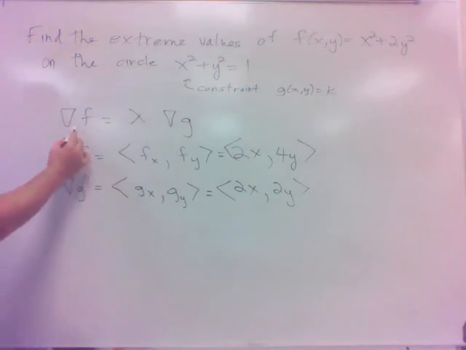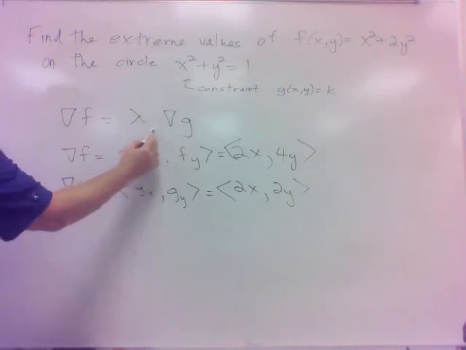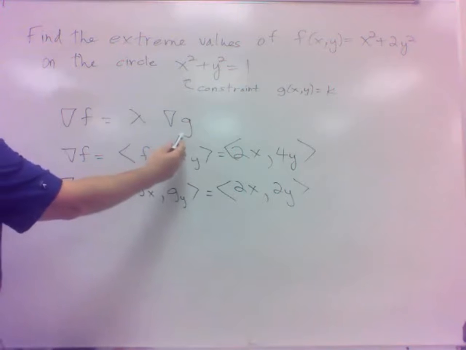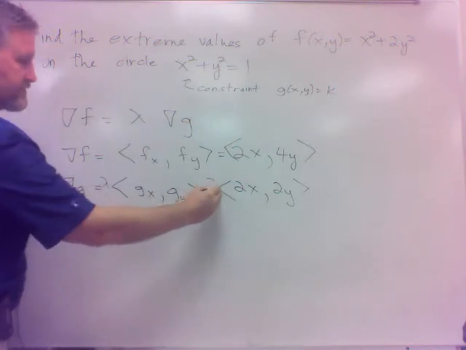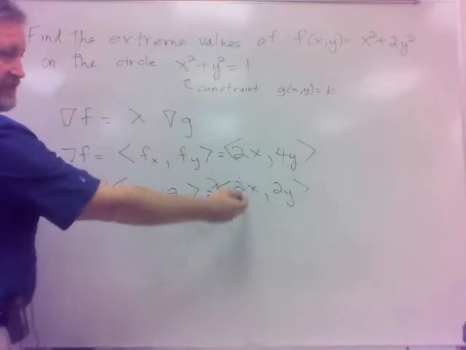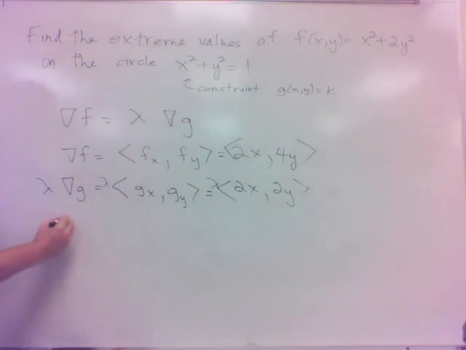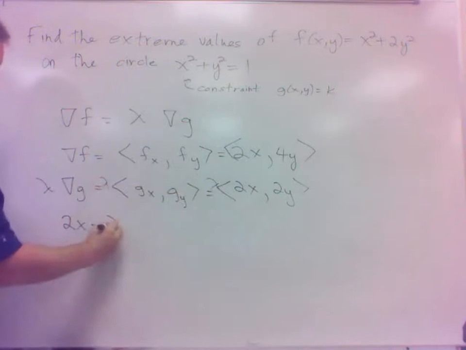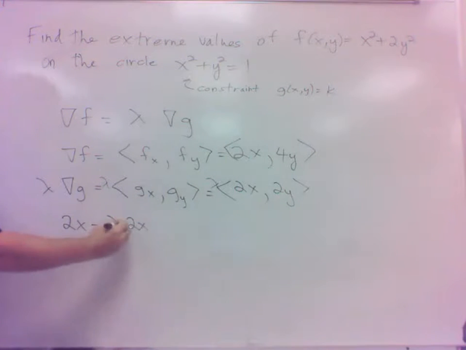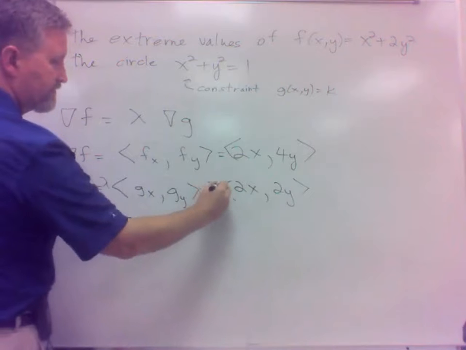Okay, so we want the gradient of f equal to some lambda times the gradient of g. And so here's what we've got. We've got lambda times all these. And so for these to be equal, what have we got? 2x equals lambda times 2x, yeah, because we've got to factor that in.